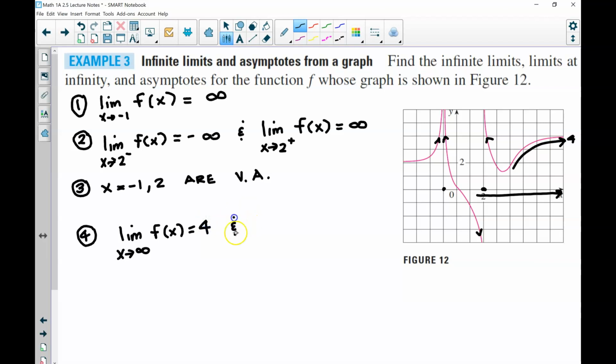And if we take the limit as x is approaching negative infinity, so as it's going in this direction, this function is approaching 2. So that means we have two horizontal asymptotes, and the two horizontal asymptotes are at 2 and 4.